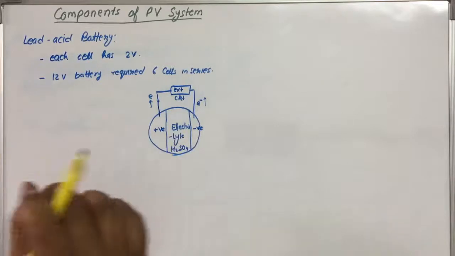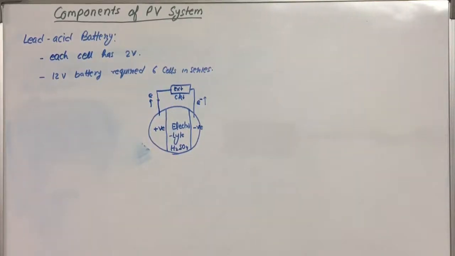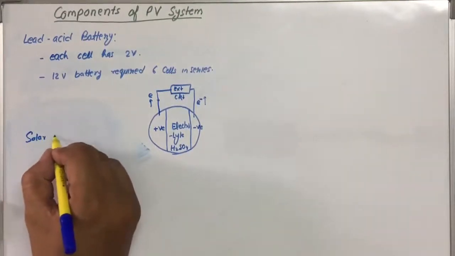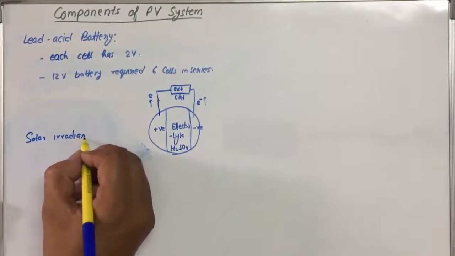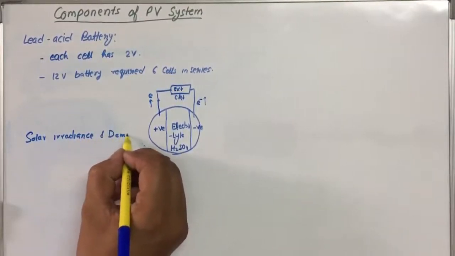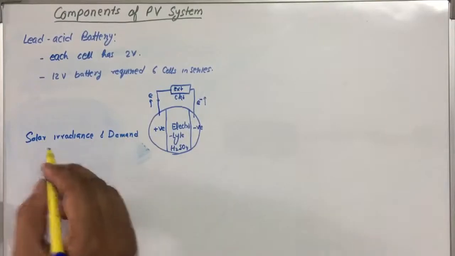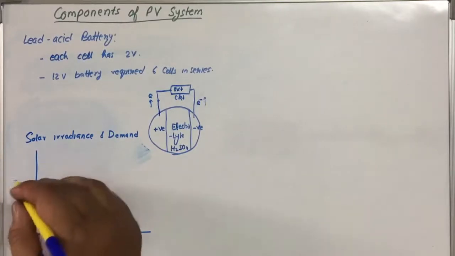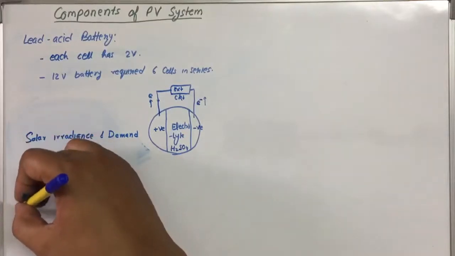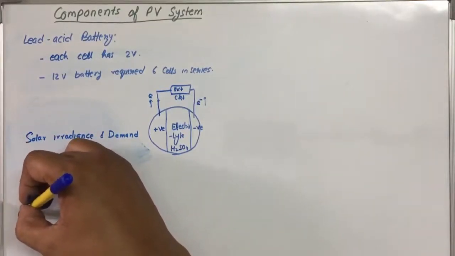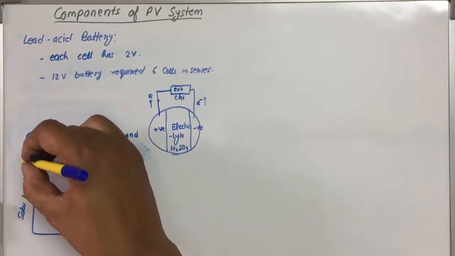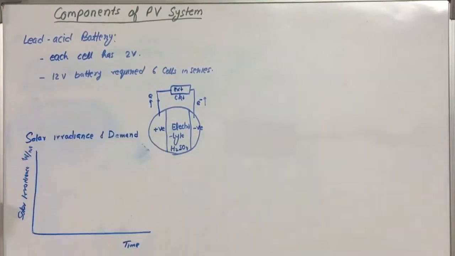is reversible. If we plot solar irradiance and demand profile, this is time in hours, and this is the solar irradiance, whose unit may be watt per meter square.